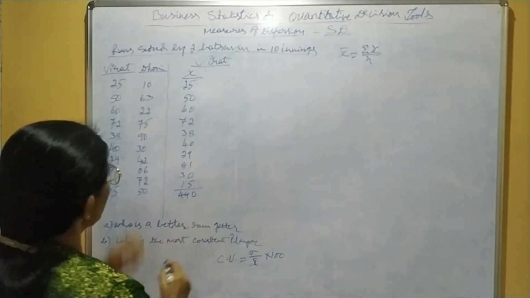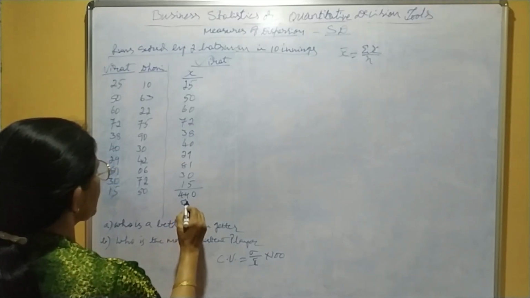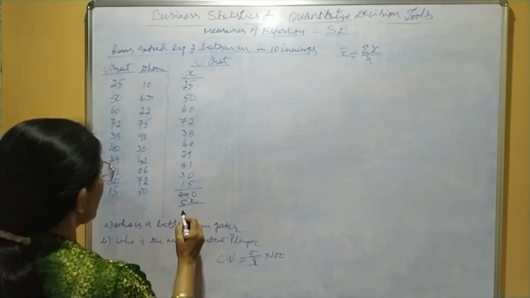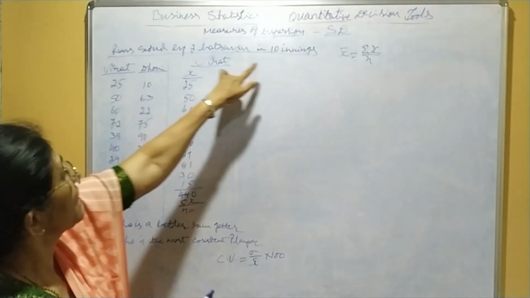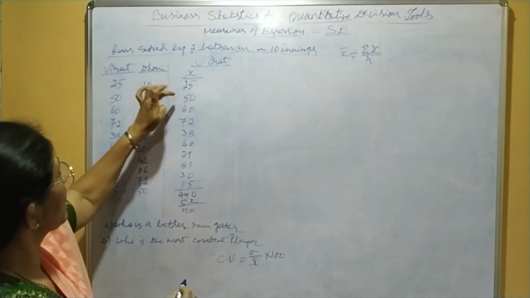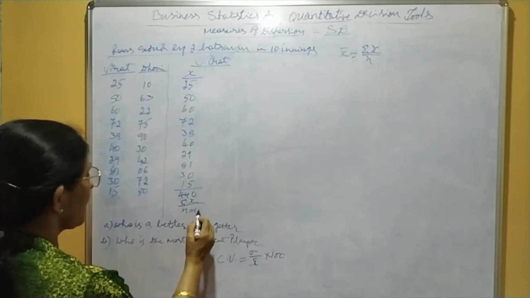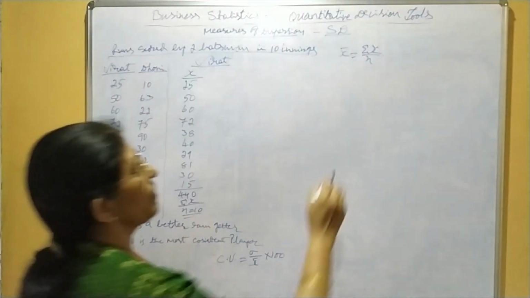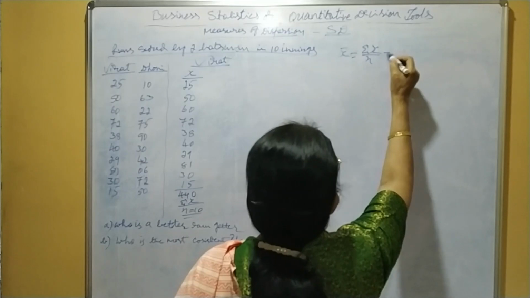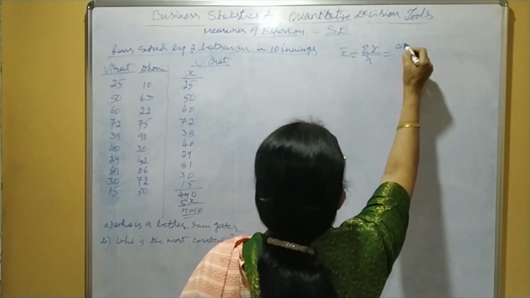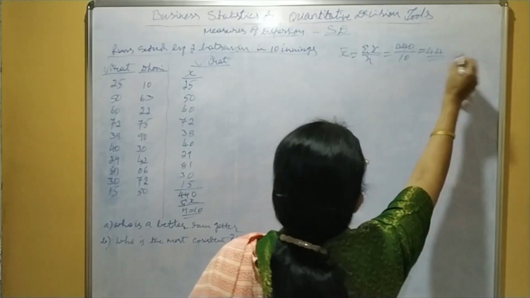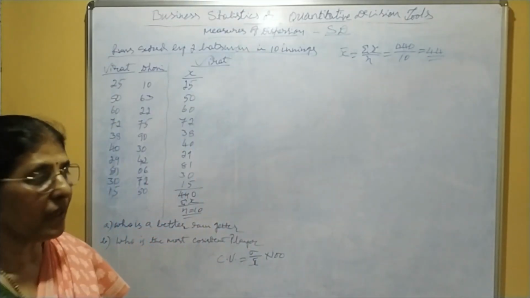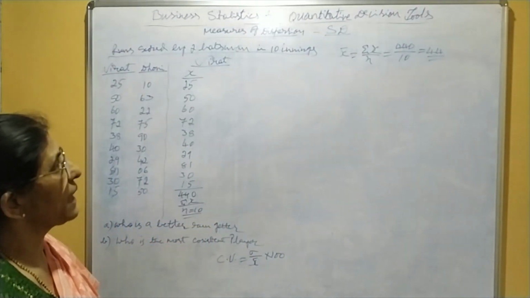It is 440 sigma x, and n equals number of values of variables. ಇಲ್ಲಿ ನಮಗೆ 10 innings ಅಂತ ಅಲ್ಲೇ ಕೊಟ್ಟಿದೆ, ಇಲ್ಲಿ 10 ಇದೆ, n equals 10. Now apply the formula. X bar equals sigma x is 440 divided by 10. X bar equals 44.